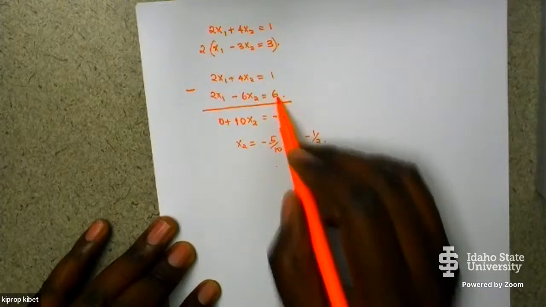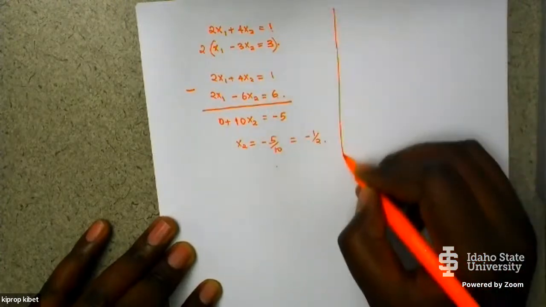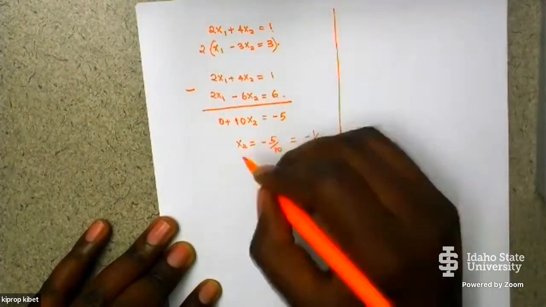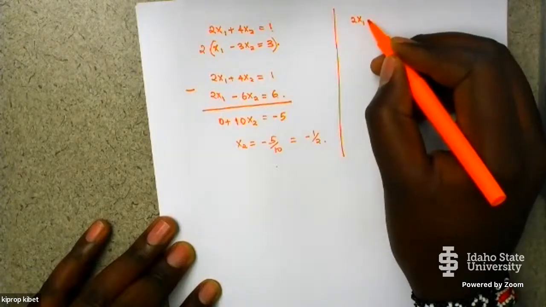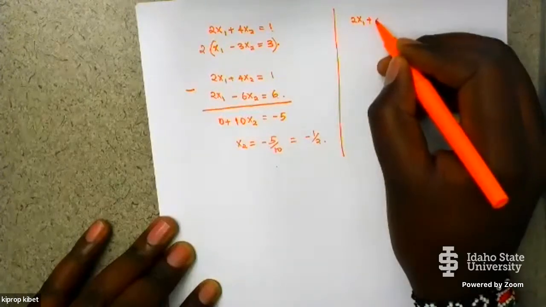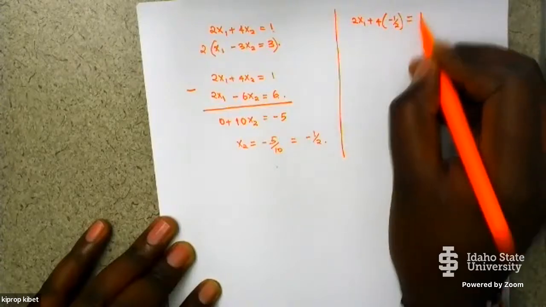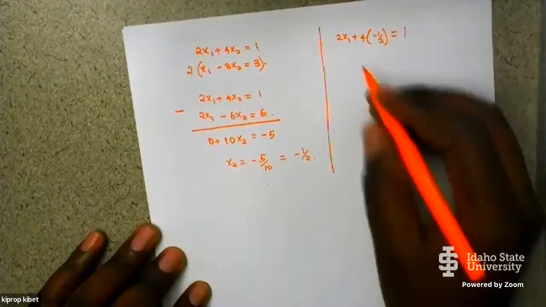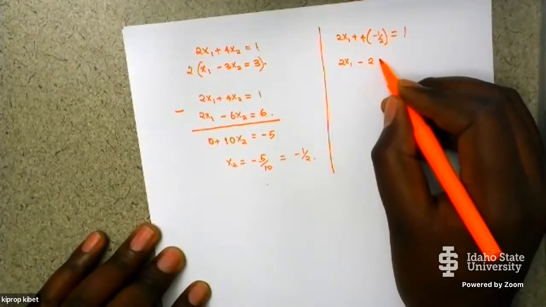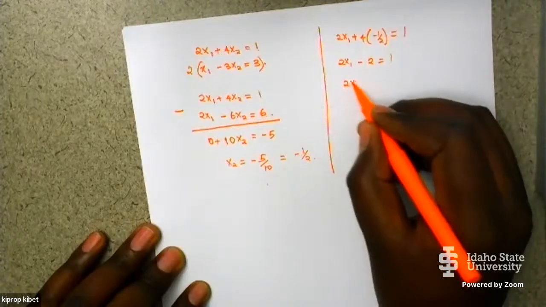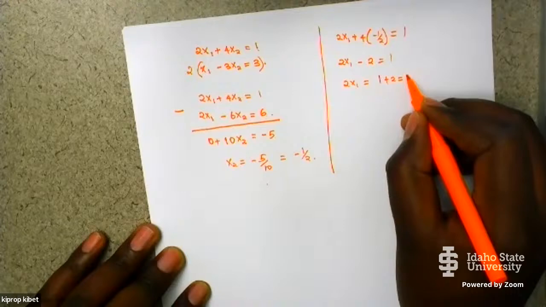Now we take this back to the linear system up here. We can use the first equation. We have x2 equal to -1 over 2, so 2x1 plus 4 times -1 over 2 equals 1. So 2x1 minus 2 equals 1, so 2x1 equals 1 plus 2, which is 3.